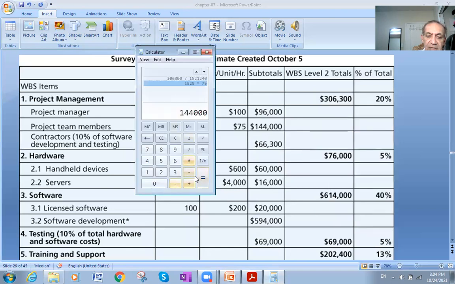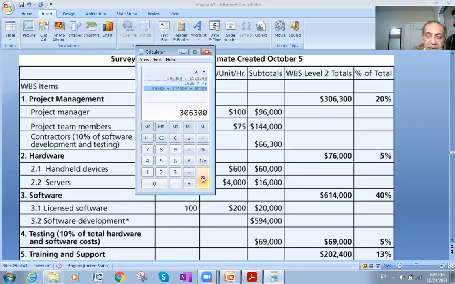So we have 96,000, which is the project manager cost, plus 104,400 for the project team members, plus 66,300 for the contractor.